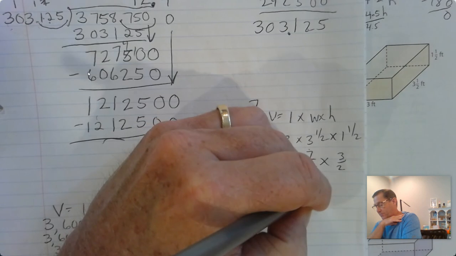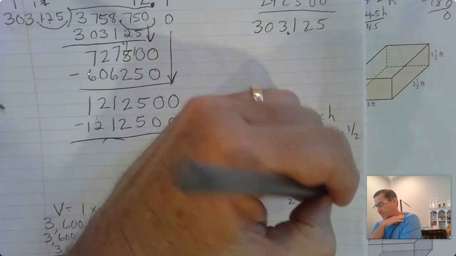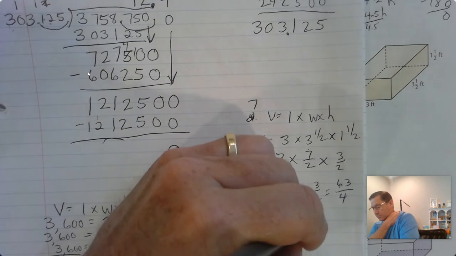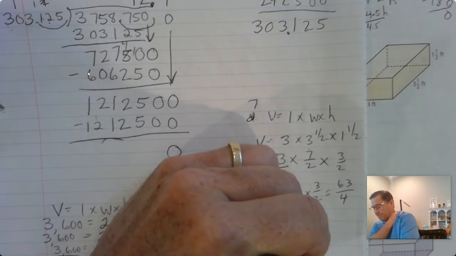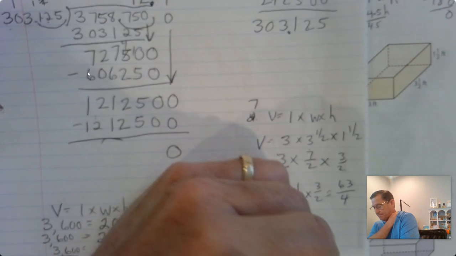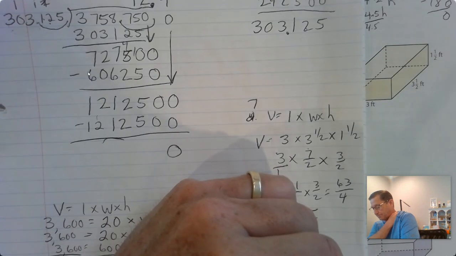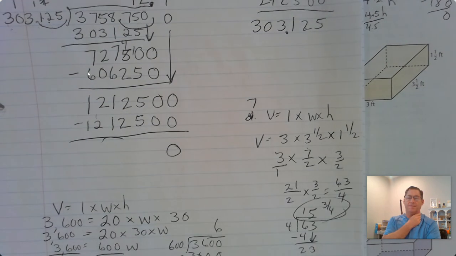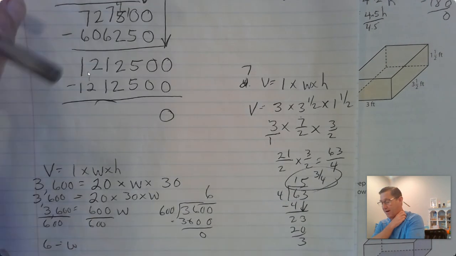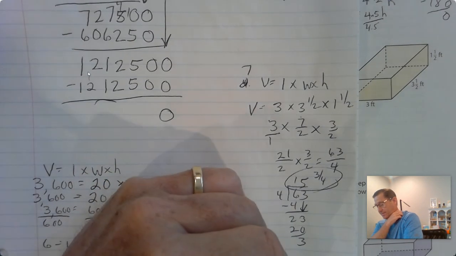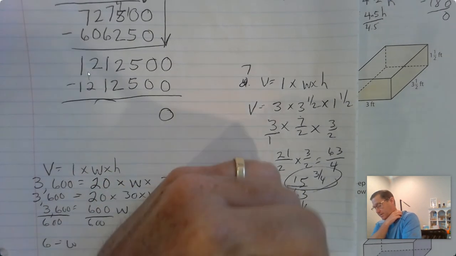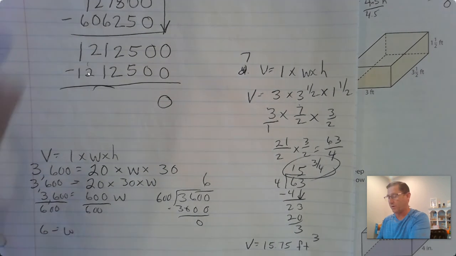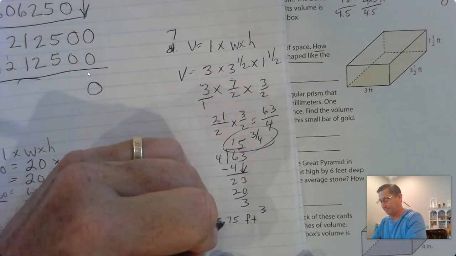Halves times 3 halves. 3 times 21 is 63 fourths. So 63 divided by 4 is 15 3/4, or 15.75 cubic feet.